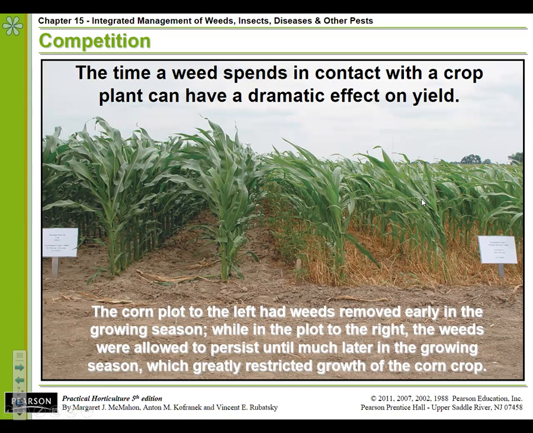And that's only going to become more restrictive as those weeds continue to grow. So they can be very damaging through the competition for nutrients, but in some cases also through chemical changes in the soil as a result of those weeds.